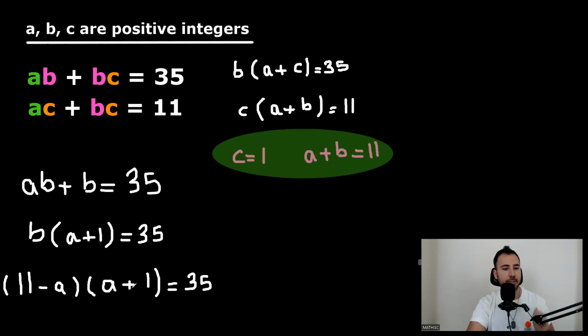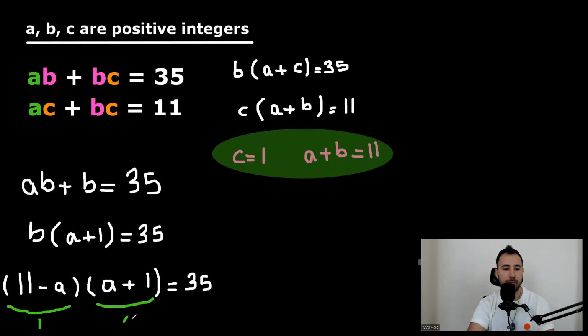Now it's easier to deal with this. So let's see from here. How is it possible to get 35? It could be either 5 times 7 or 1 times 35. Is it possible for this one to be 35, this one 1?